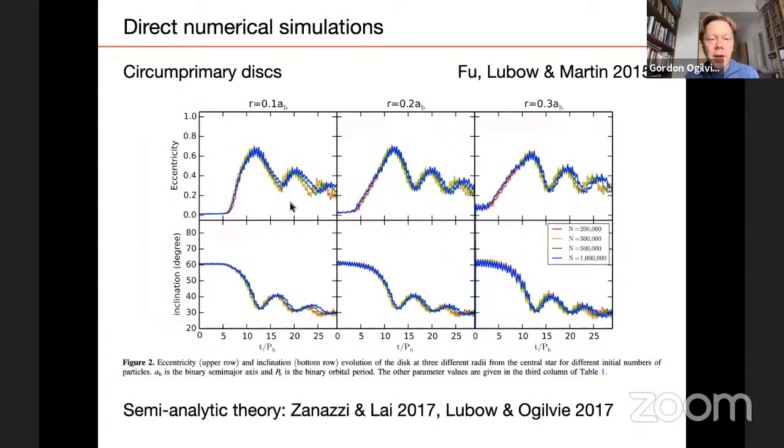And this is how the eccentricity varies in time in this type of simulation. So there's a large growth of eccentricity and then damped oscillations, because the disk in this simulation is highly dissipative and it damps out the eccentric mode that results.